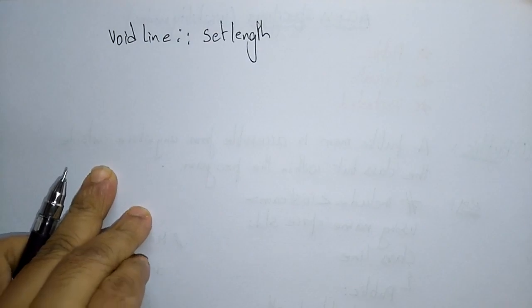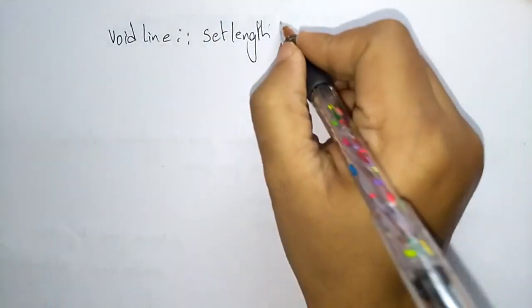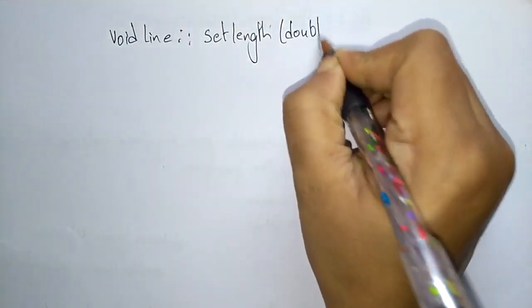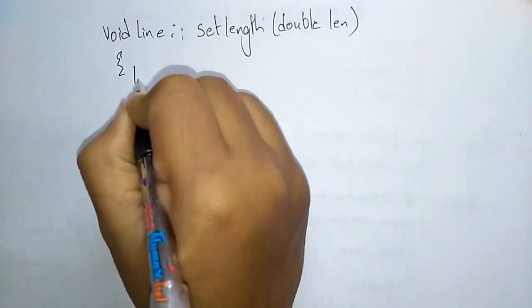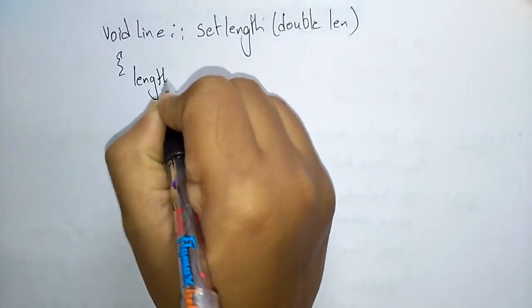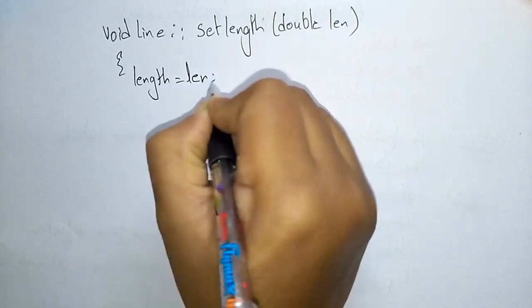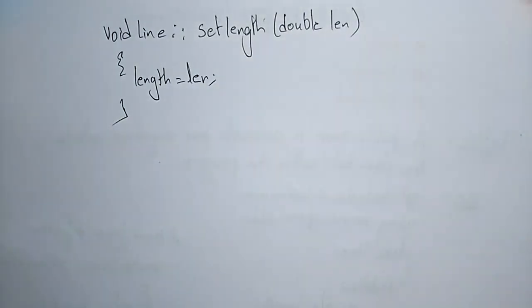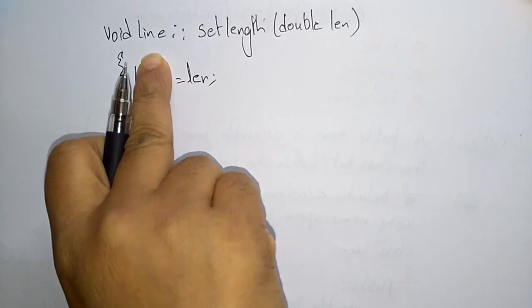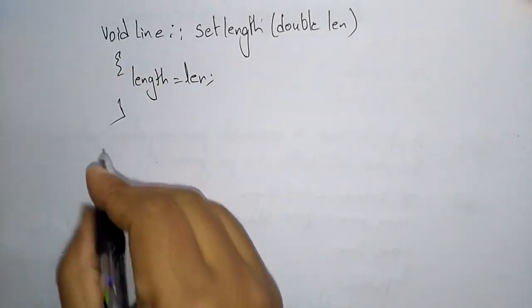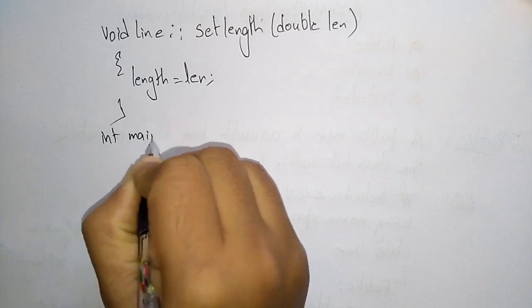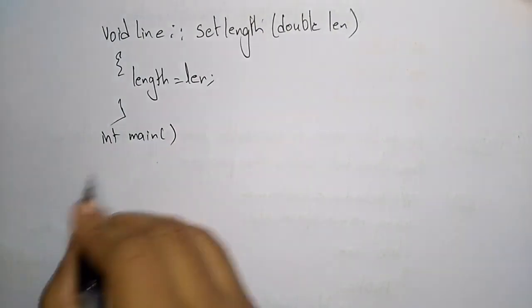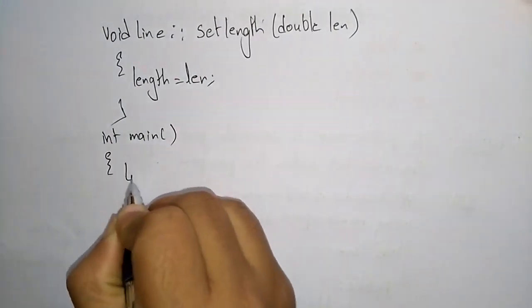Previously I wrote getLength, now it is setLength(double len). Here I am writing the definition: length is equal to len. So I call the two member functions with the help of the class. Now I am writing the main function, int main, Line.